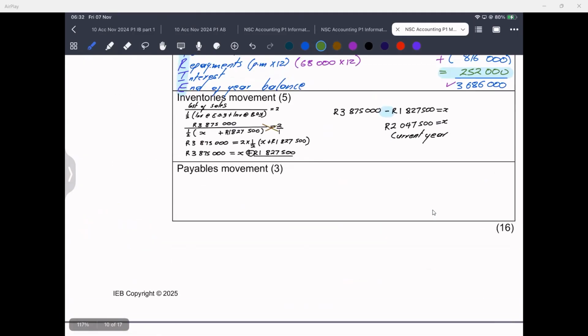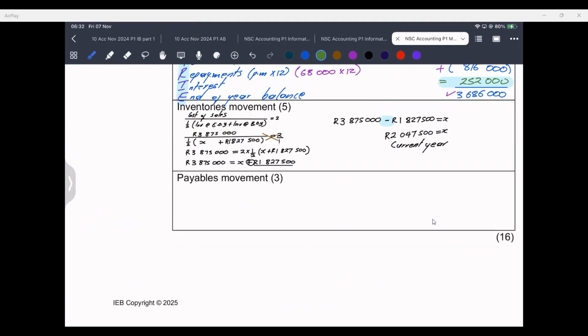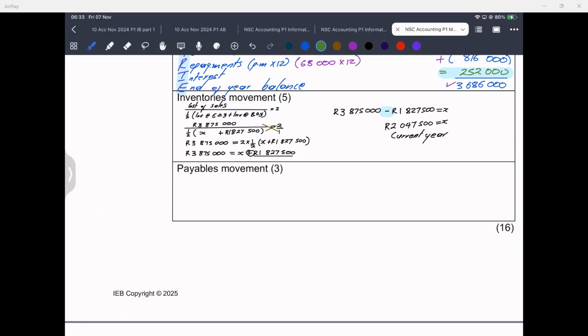Okay, let us look at movements in payables. For you to be able to determine these movements, you need to check whether everything that needs to be excluded has been excluded or not. Can you think of items that we need to exclude from trade and other payables, especially in the cash flow statement, when we're trying to determine cash inflow or outflow? Which items do we need to exclude?